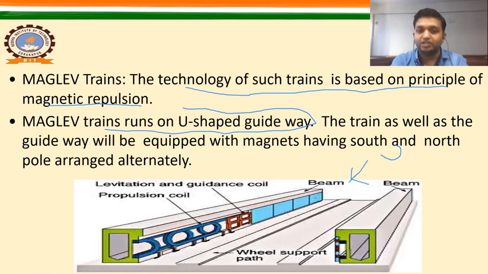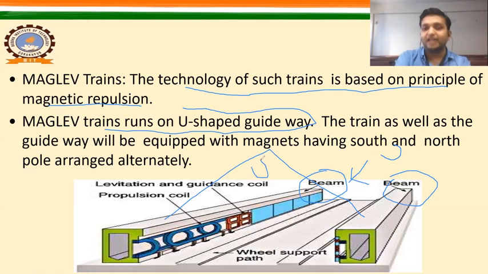So here you can see the maglev train arrangement. These both are your beams, and this train works on the principle of magnetic repulsion. And here you can see the U-shaped guideway. Actually, this one and this one, both of them are known as the guide, right? And what is the shape of this guideway? It is actually U shape.